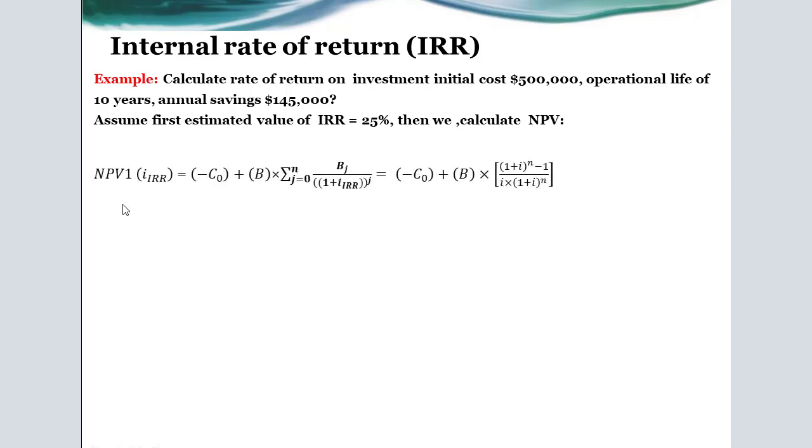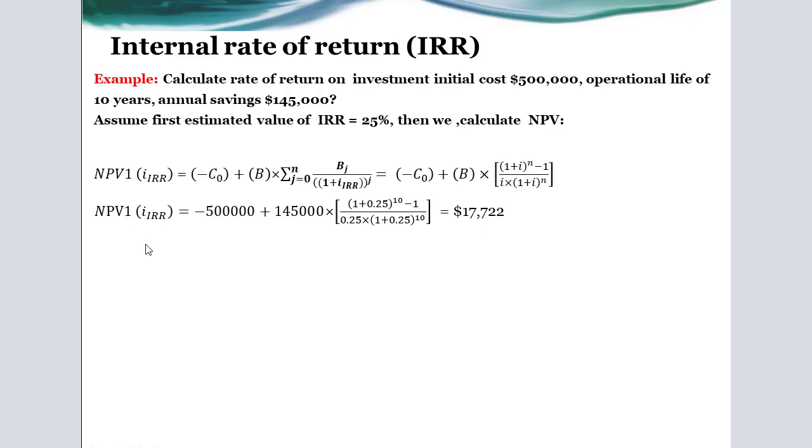Here, for net present value 1 at IRR 25%, we will use this equation to find the net present value 1. So, this is the value for net present value 1.